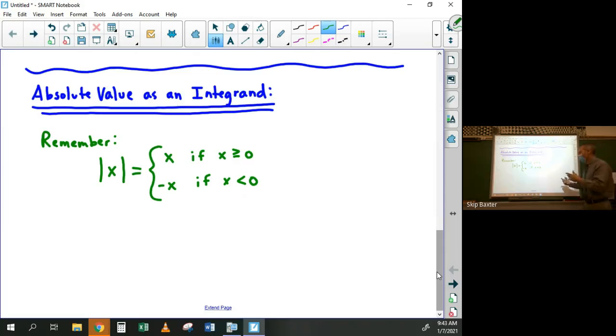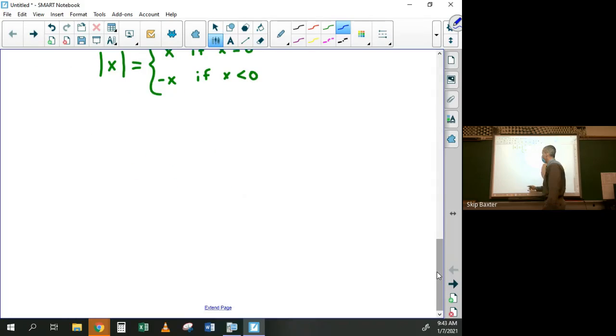So if you have more complicated stuff inside the absolute value, like for example, what if you had something like the absolute value of 2x minus 6.